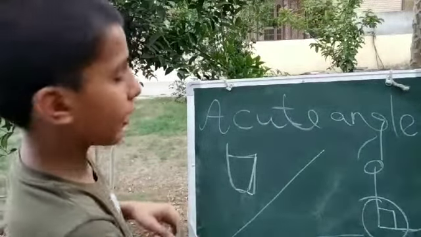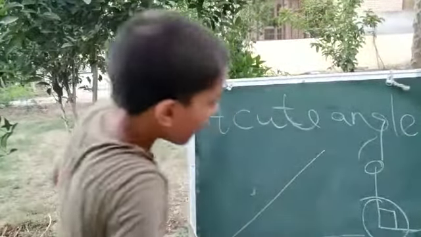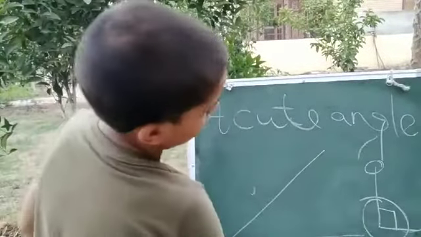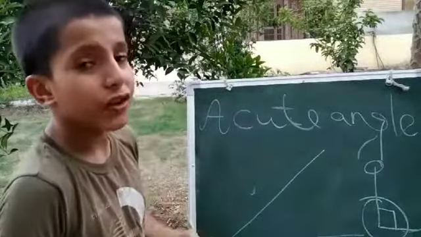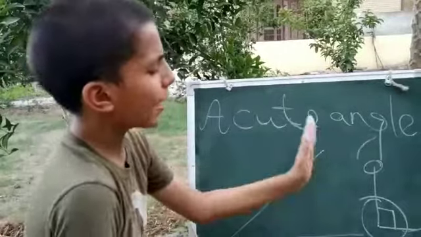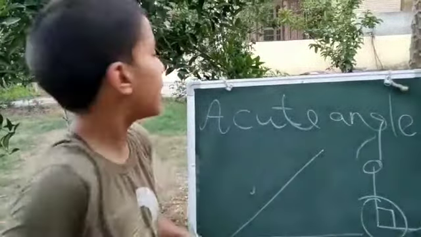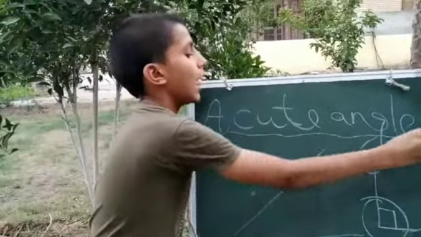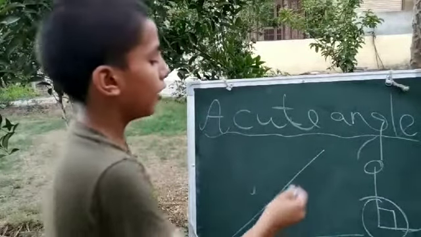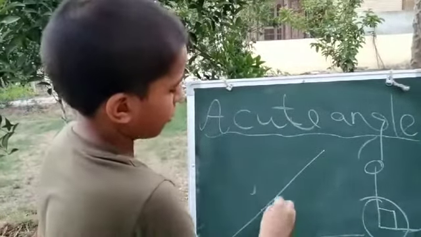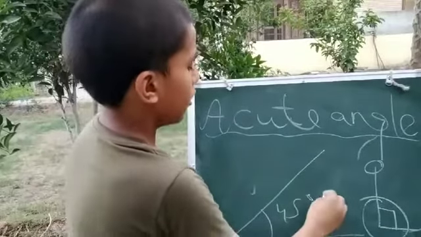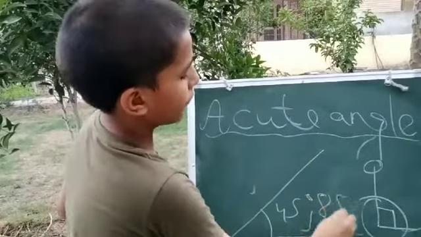So this is our right angle triangle. And when it is 3:05 or 3:10, it is lower than the right angle, and that is an acute angle. Okay, it is 45 degree, no, 85 degree.